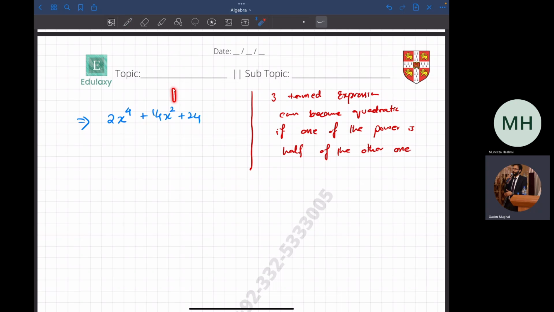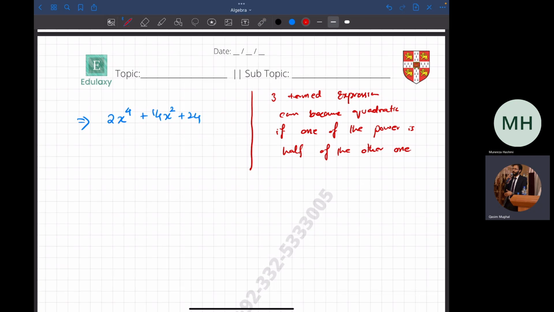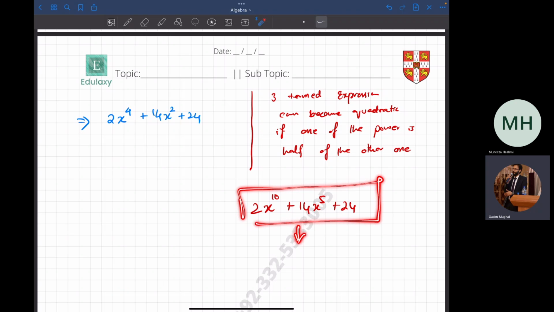That's an important point. If you look carefully, one of the powers is 2 and the other one is 4. So clearly this is half of 4, isn't it? So even if you have something like 2x to the power 10 plus 14x to the power 5 plus 24, you should be able to change this into quadratic.